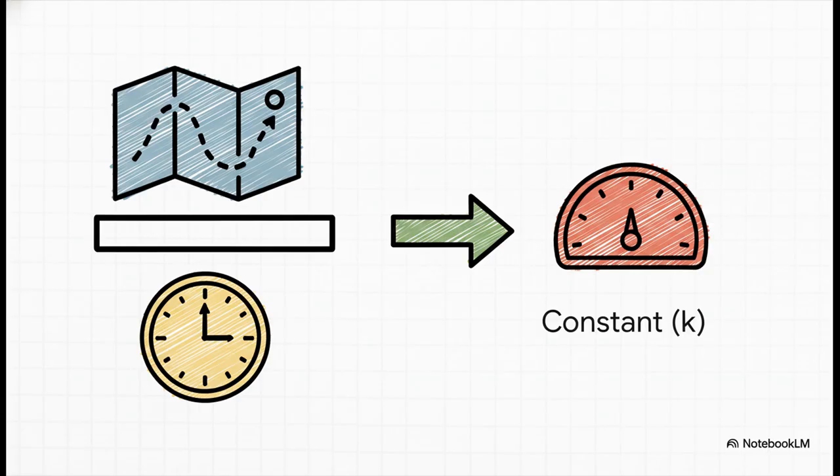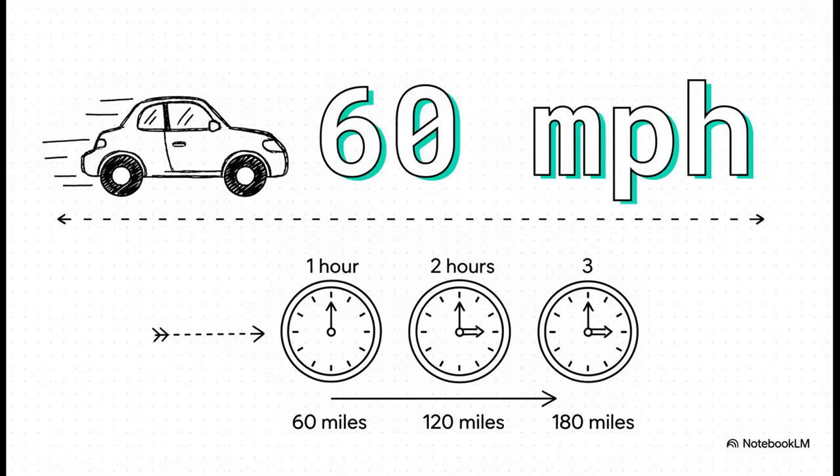All you have to do is take the total distance, which is our y value here, and divide it by the total time, our x value. That's it, just distance divided by time. And when we do that math, 120 miles divided by 2 hours, we get 60 miles per hour. And there it is. That's our constant rate, our K. It means that for every single hour that went by, that car traveled exactly 60 miles, perfectly consistent.